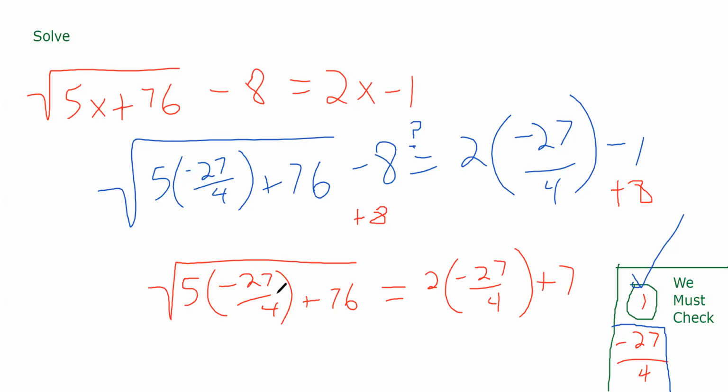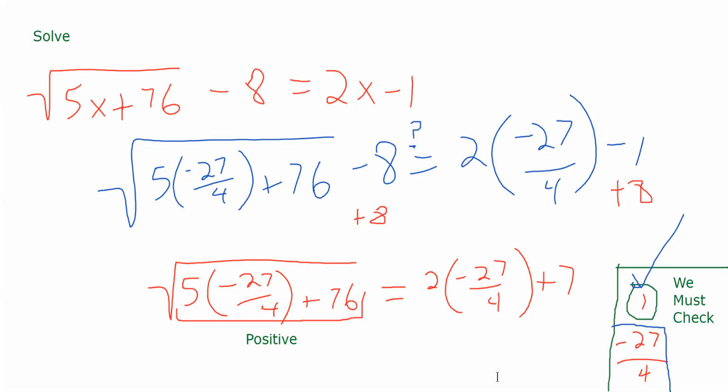It's going to end up being a negative number, but I think the 76 is going to take care of it, so I'm still left with a positive number on the inside. So I'm only taking the square root of positive numbers, which is good. Taking the square root of negative numbers involves i, and we don't want i to come into the mix at this moment.